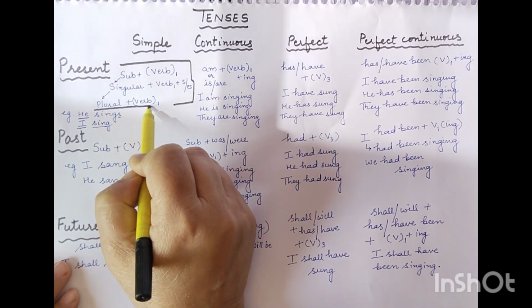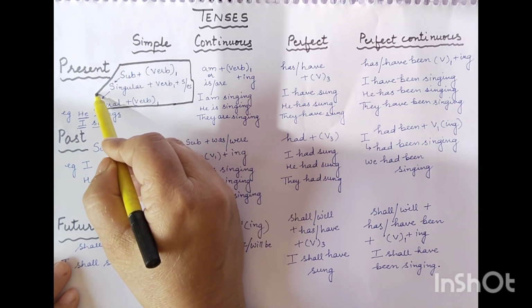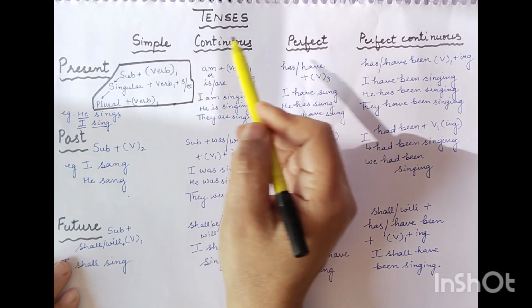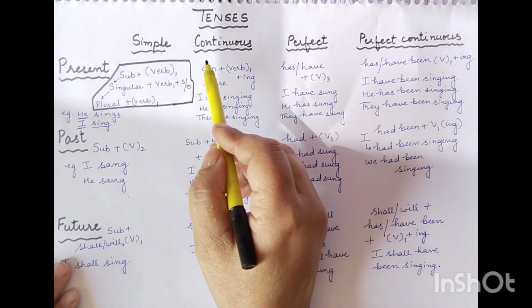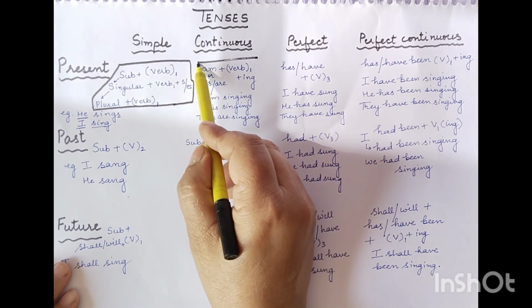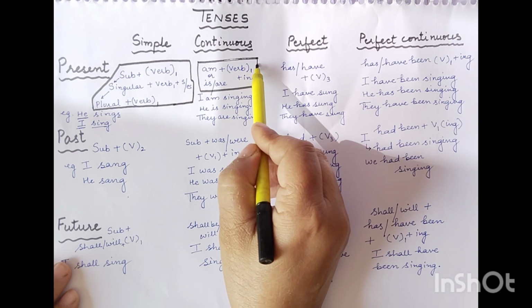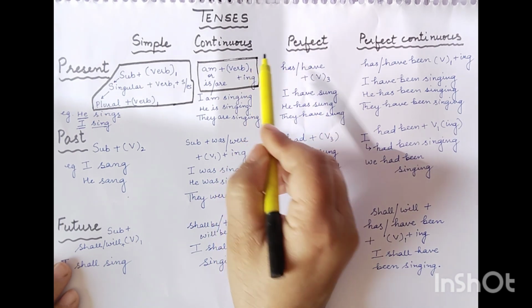Again, while making these boxes, we revise the present: subject plus first form of verb. If it is singular, then s or es is added with the verb. If it is plural, simply put the first form of the verb.